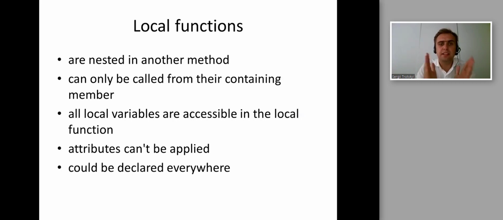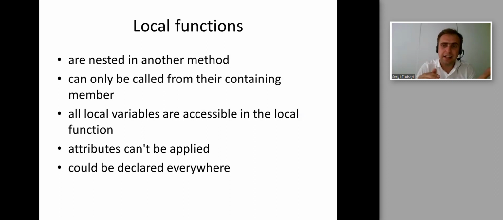Let's start from the local function. To make it simple, a local function is a function inside a function. Because of that, we have some restrictions. It can be called only from the function that contains it.